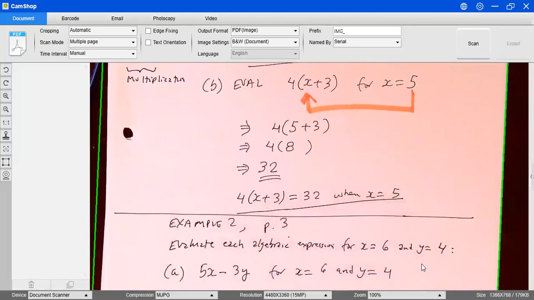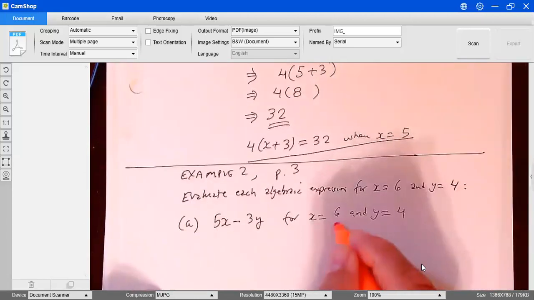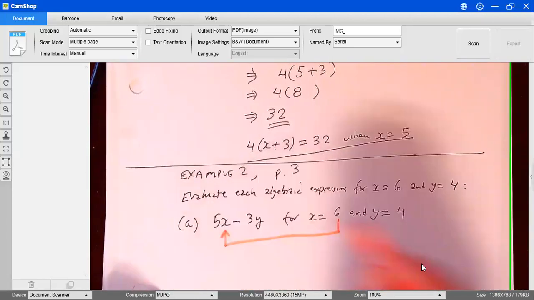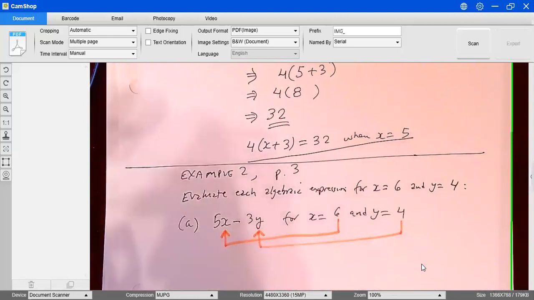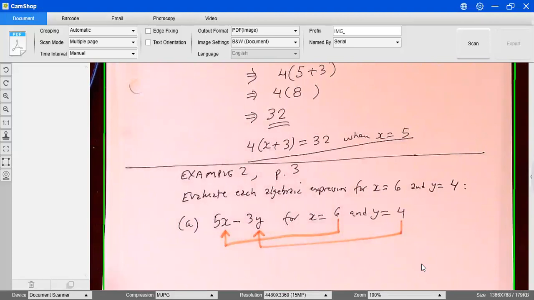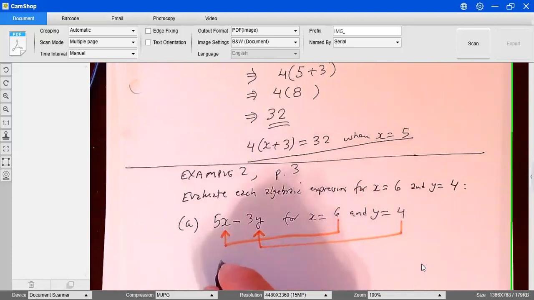So what we're going to do is just we're going to replace x with 6 and y with 4. That's what we're going to do. So we're going to write now the result of doing this substitution. So 5 times 6.